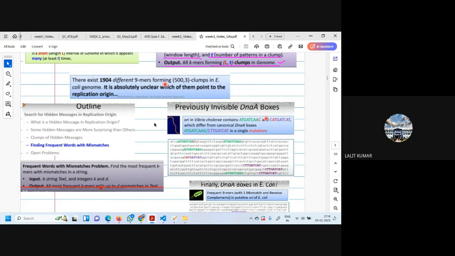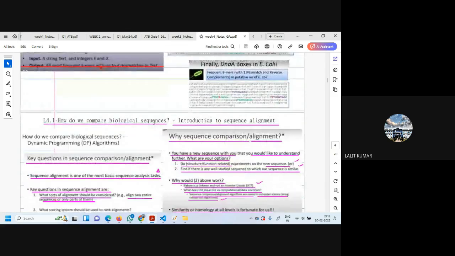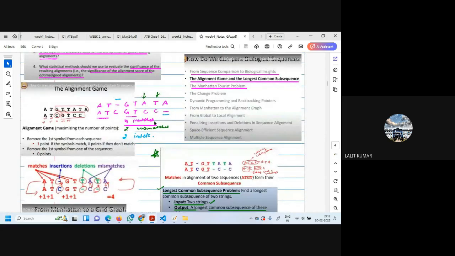There the differences are there, the alleles are there. So similarly, if we find a new sequence, then we can compare it with the already known sequences to know its characteristics. So for that, we want to do the alignment of the sequences and how to do that alignment. So that is the second part of the lecture.